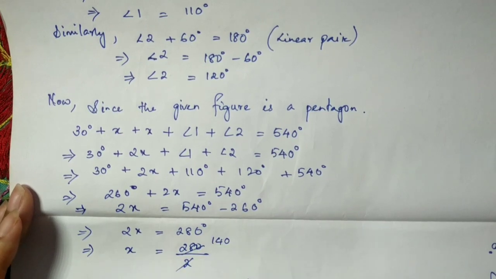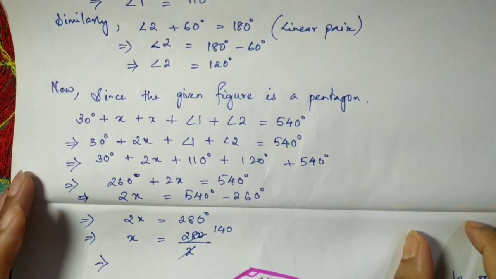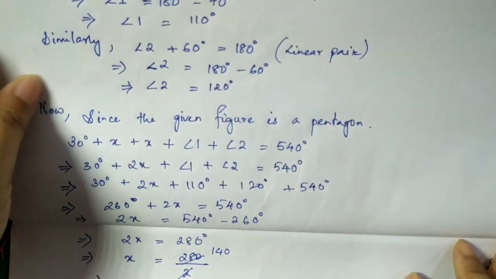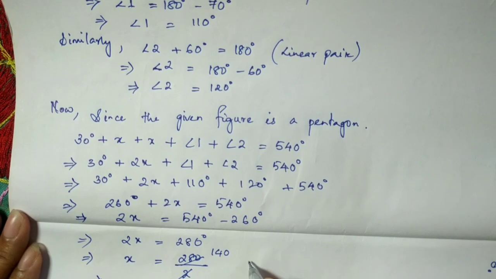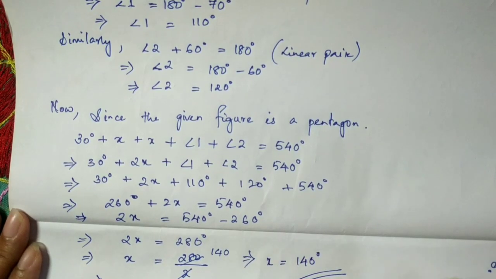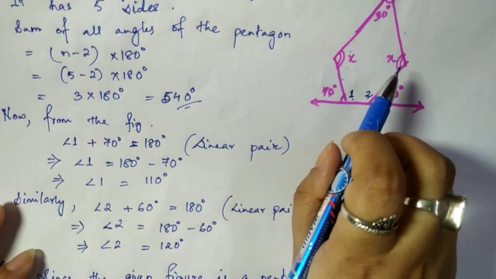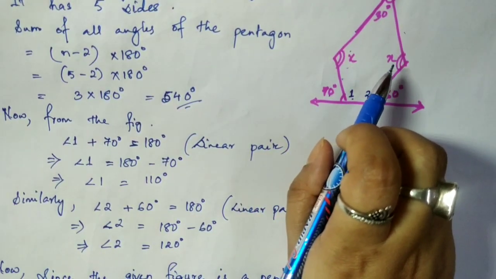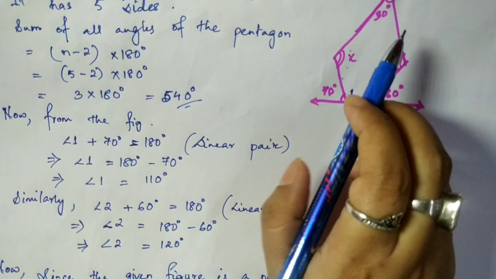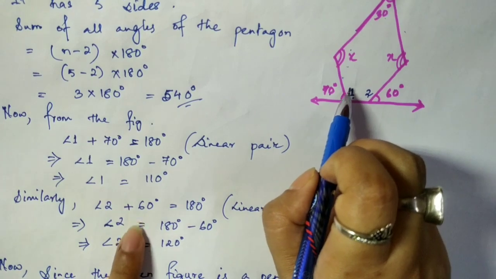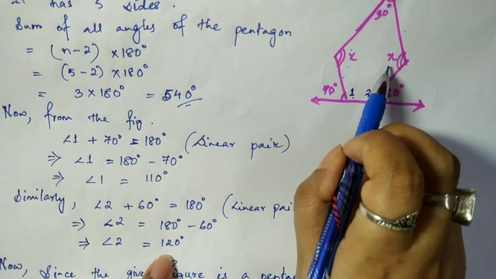So this implies x is equal to 140 degrees. So I found the value of x. If x is 140, this is also given as x, so this will also be 140. And if you add 30 plus 140, this is 110 plus 120 plus 140, you will get 540.